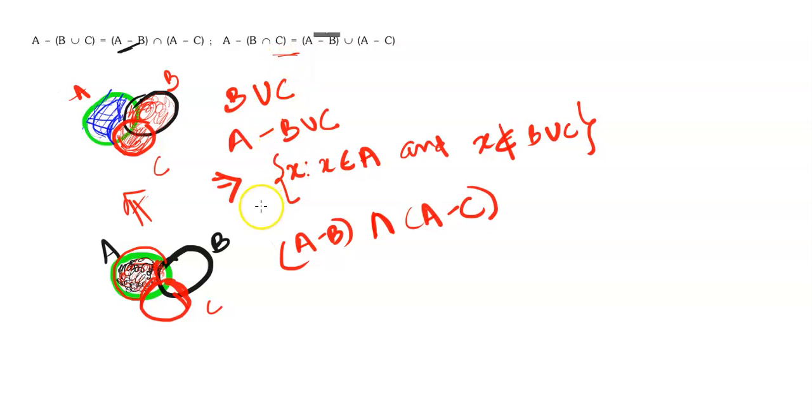Similarly, you can prove the other identities. I'm not going into the details of proving all other properties, but the idea is that if you start thinking in Venn diagrams, you will be able to understand these identities and easily prove them. I also encourage you to remember these properties because they can be helpful in solving a lot of set problems.